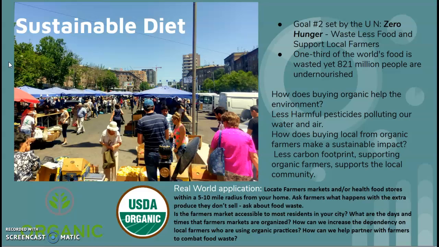Organic methods of farming are going to be better for sustainability because over time we're not using harmful pesticides, which are killing insects and animals in the local habitat surrounding the fields or farms. And by buying from these farmers, you're putting money into your local community.